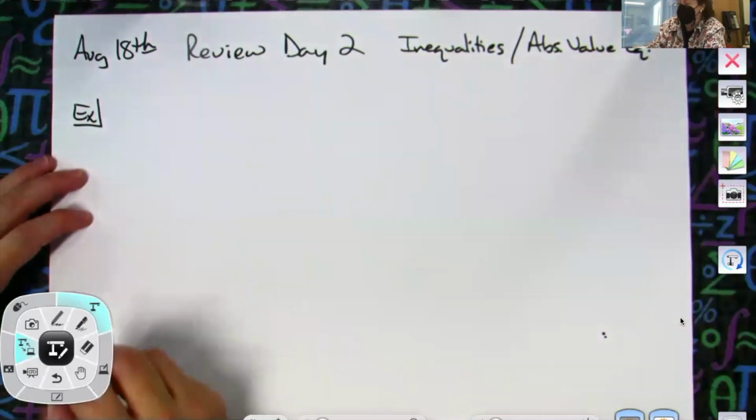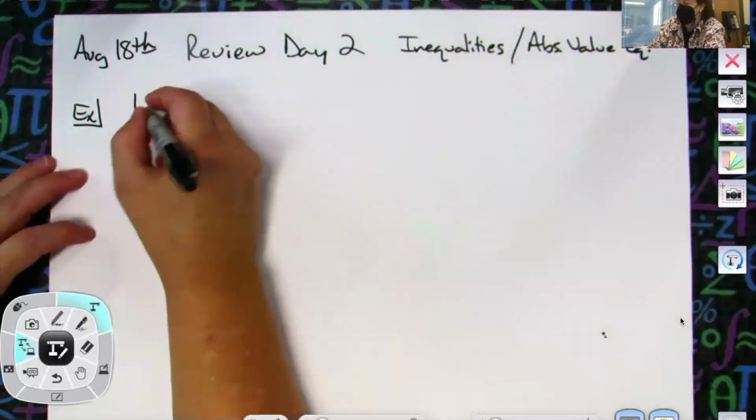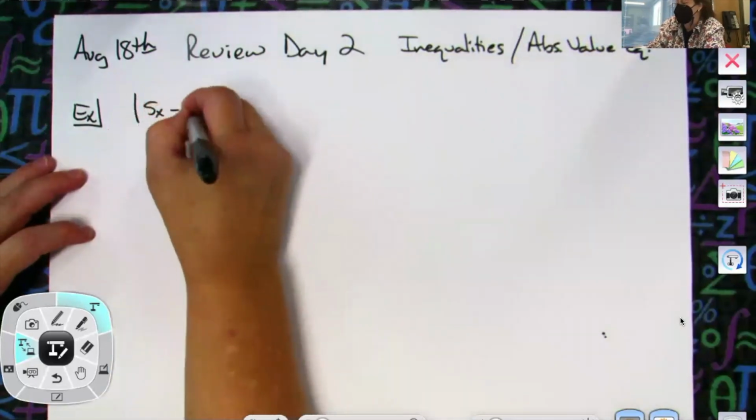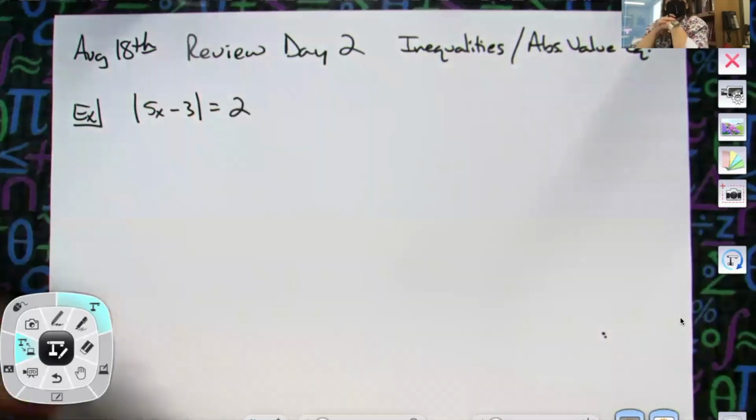Okay. All right, let's suppose that we had the absolute value of 5x minus 3 equals 2. All right, now what's the deal with absolute value equations? Yeah, Josiah? To solve 2 equations, one for 5x minus 3 equals positive, one for 5x minus 3 equals negative.